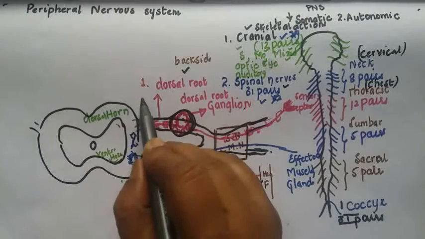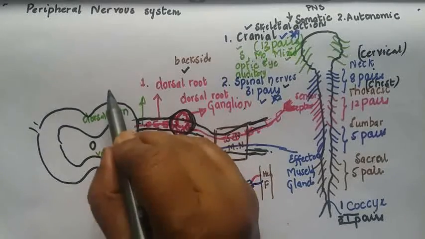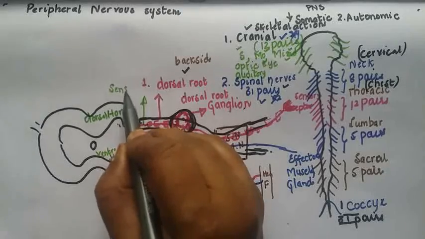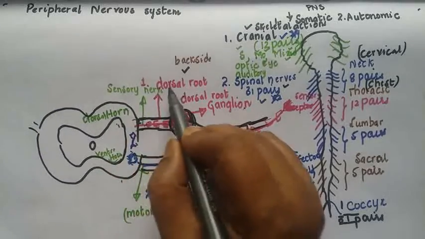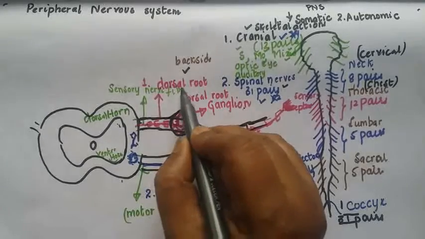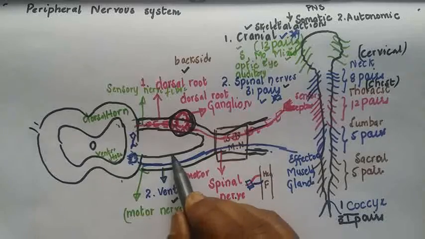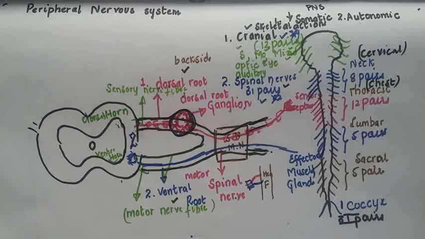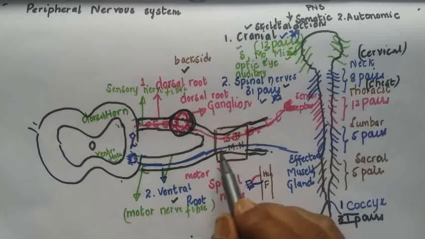In the same way, we can label this as a sensory nerve fiber. But if they point at the first line and the third line, you're going to label it as ventral root. So the middle line represents the nerve fiber.